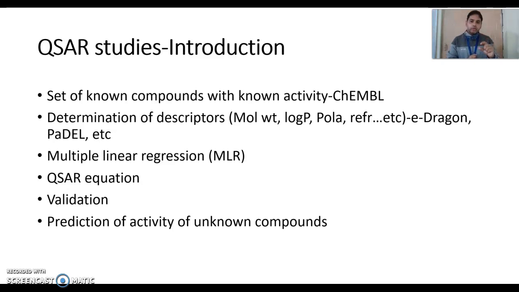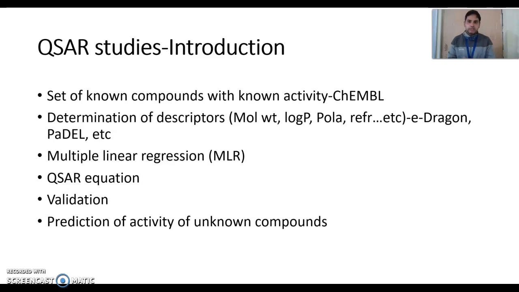Because you already know these experimental molecules, their IC50 value is also known. But keep them just to check whether the equation is working or not. So put those molecules in, calculate their IC50 value by using this QSAR equation, and then see how close it is to what was determined experimentally.